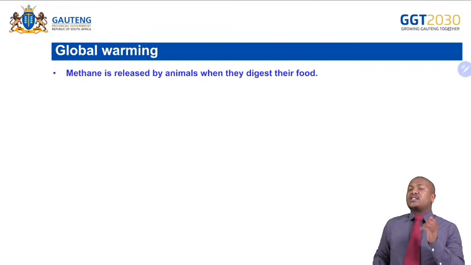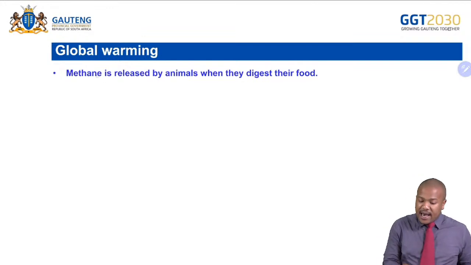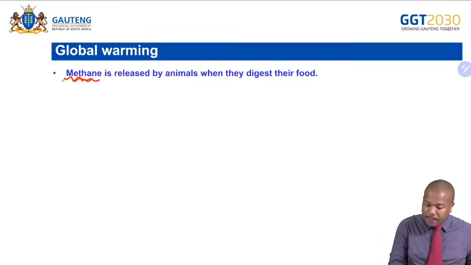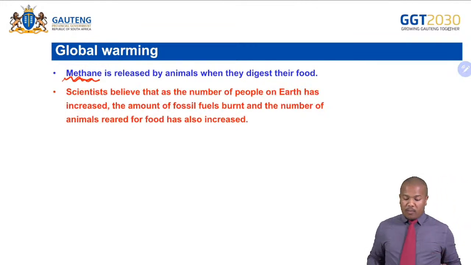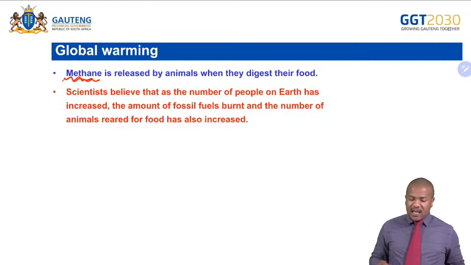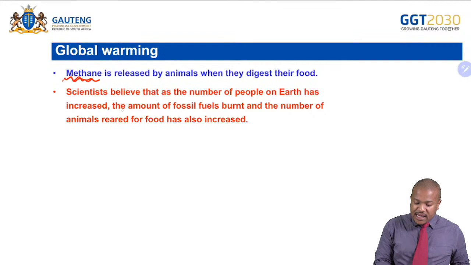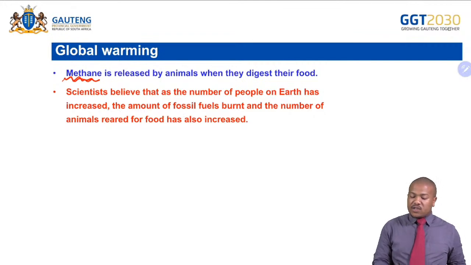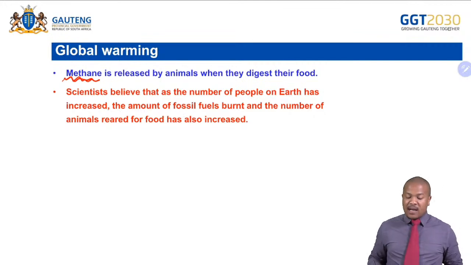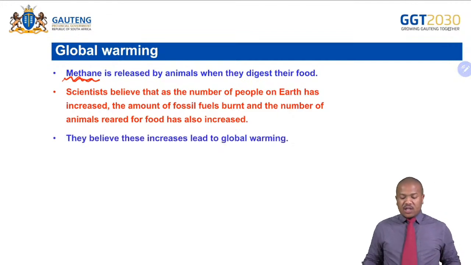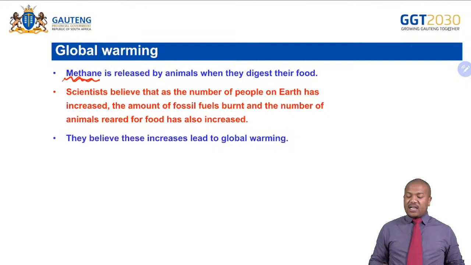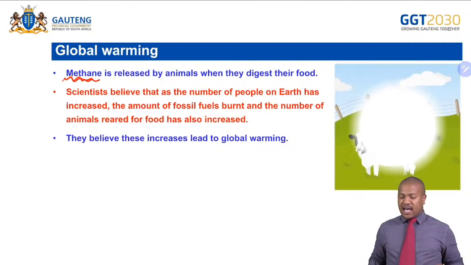Excretion, to be exact, is the part where animals contribute to global warming. Scientists believe that as the number of people on Earth has increased, the amount of fossil fuels burnt and the number of animals reared for food have also increased, and that these increases lead to global warming.